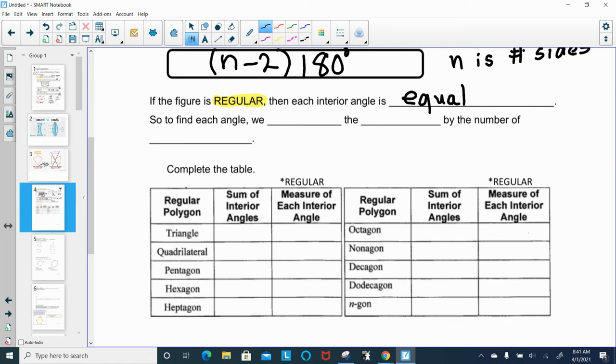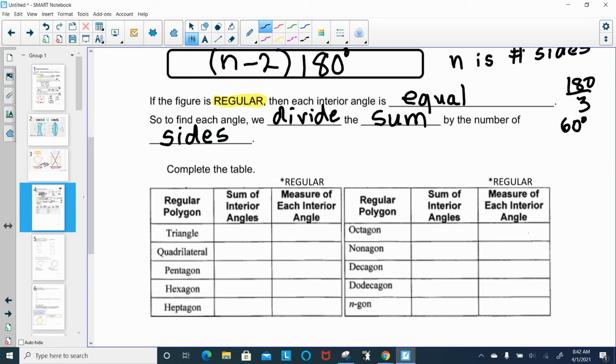So if you had a triangle, that would be like every angle is 60. You would have 60, 60, 60. All the angles would be the same. So to find the angle, we divide. See what I did here? We divided the sum by the number of sides.